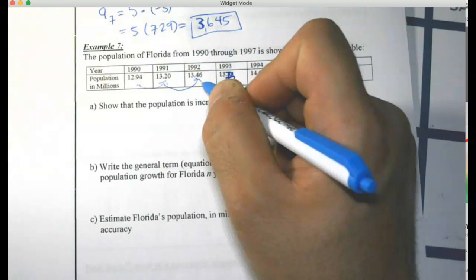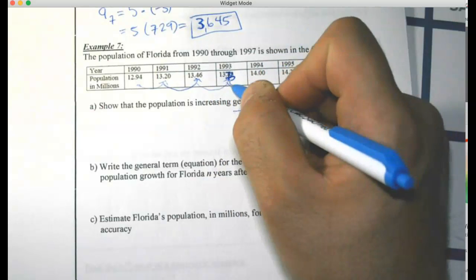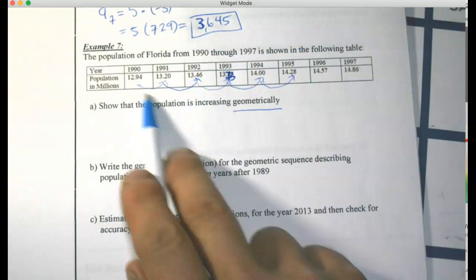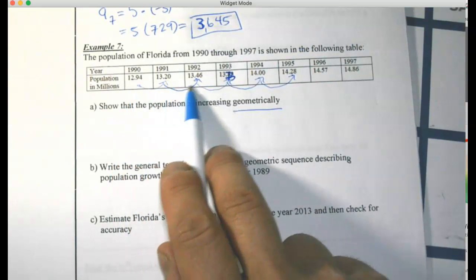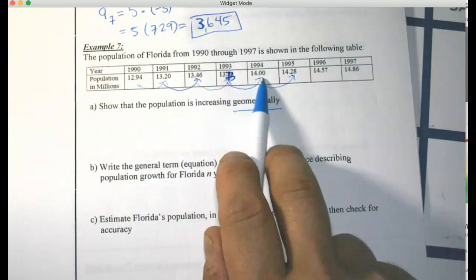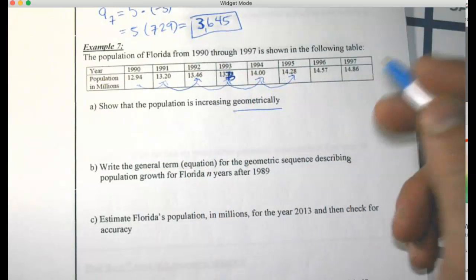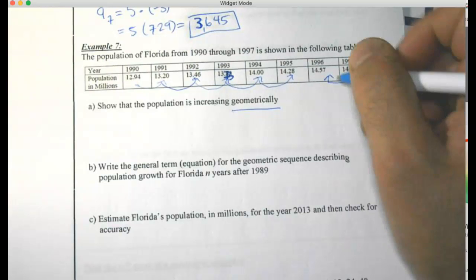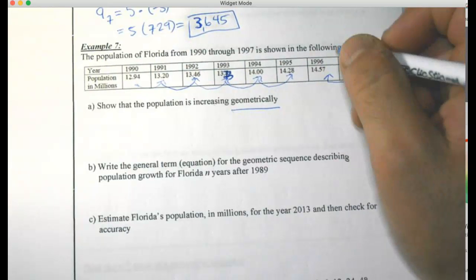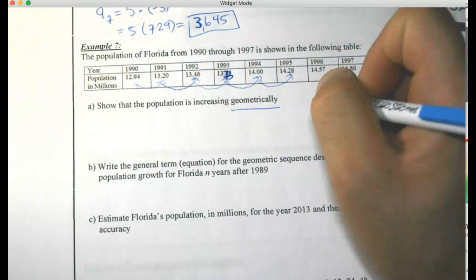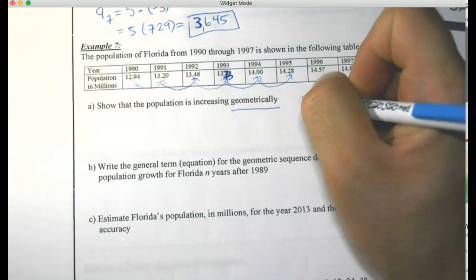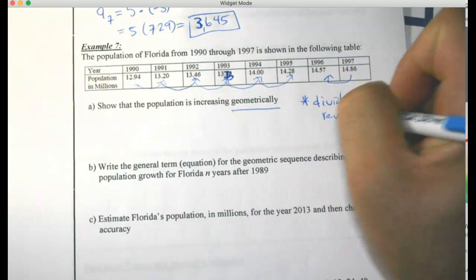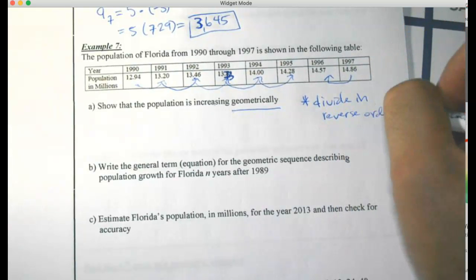To get each consecutive value, I'd always be multiplying by the same number. So what I'm getting at is, if I divide in reverse order, I can show that this is increasing geometrically. So for this one, our approach is to divide in reverse order.